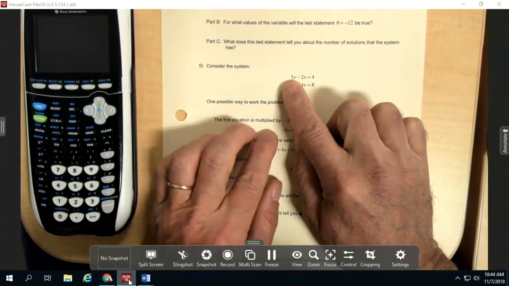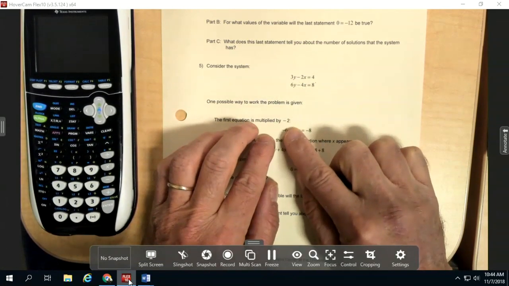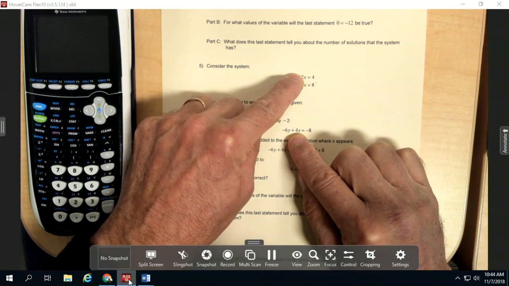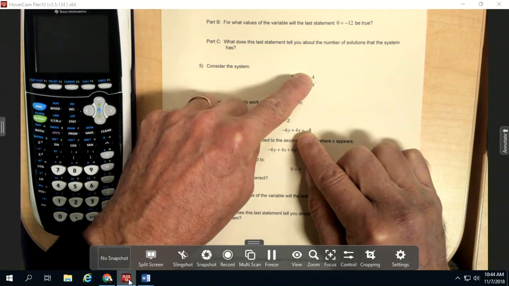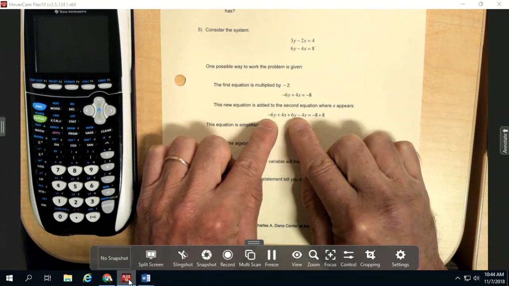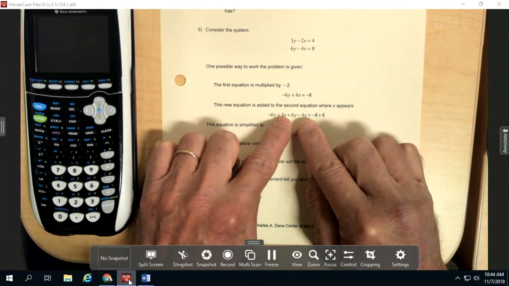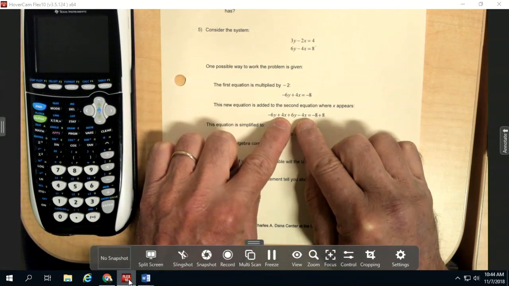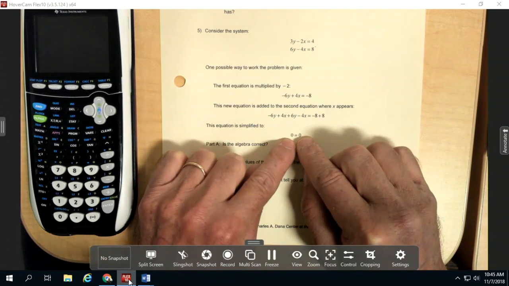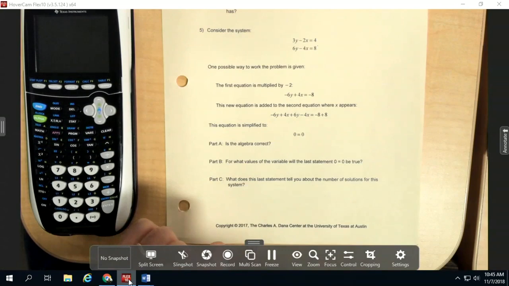Let's look at this one. They multiplied the first equation by negative 2 to get negative 6y plus 4x is negative 8. They added them together. Negative 6 canceled the positive 6. Positive 4x canceled the negative 4x. Negative 8 canceled the positive 8. And they got down to 0 equals 0.